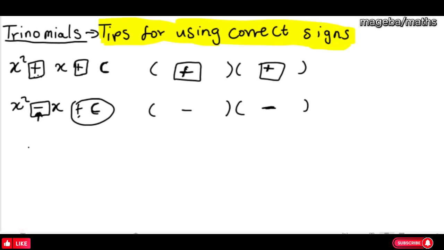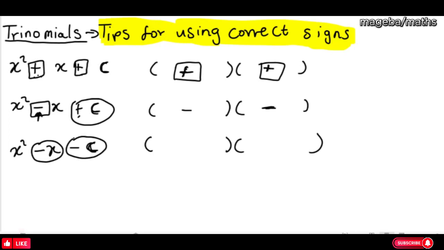of the middle term. Now going to x squared, negative x and negative c. Factorizing these two, I have a negative as the middle term and a negative as the last term. Here, these signs are either going to be positive or negative, but the brackets are not going to have the same sign.